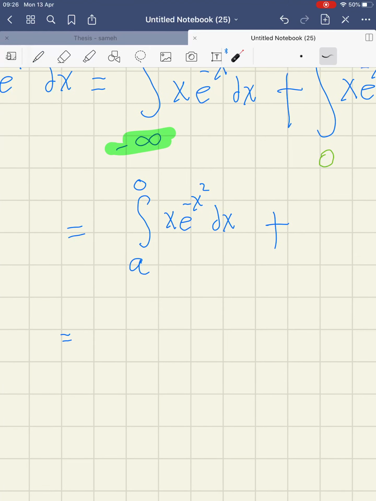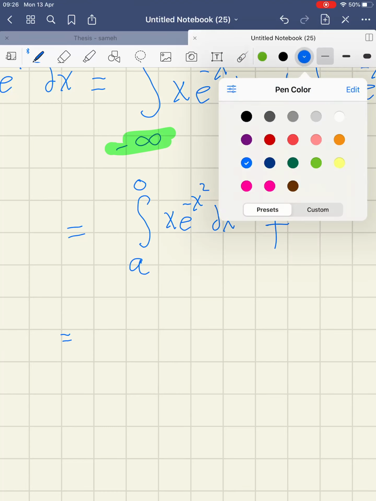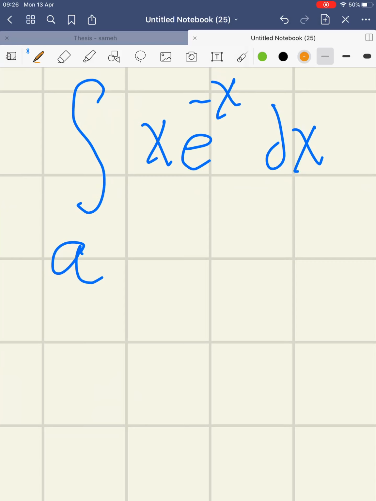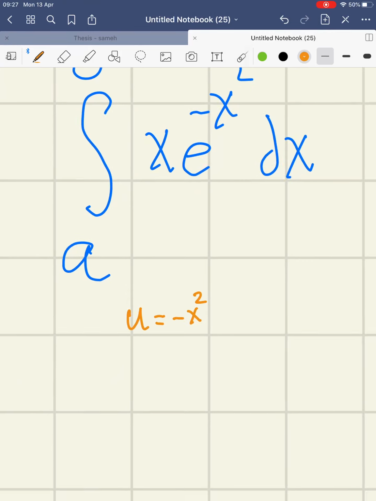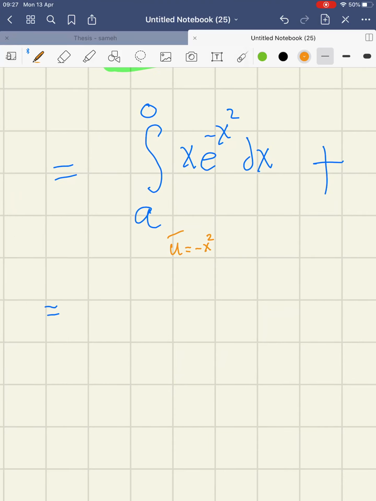which is, now this integral, we have to use the u substitution. So here we have to use u equals negative x squared, and that will solve the question for us. If you use this substitution, its function with its derivative, what you will get is e to the minus x squared divided by negative half, from a to 0.